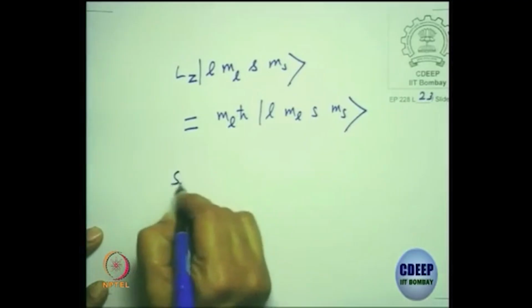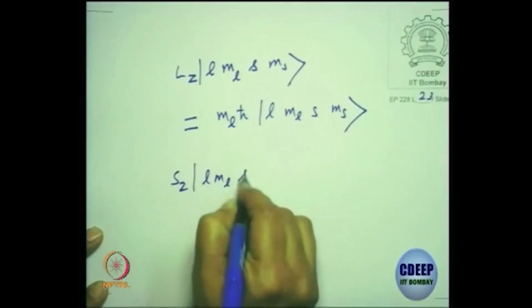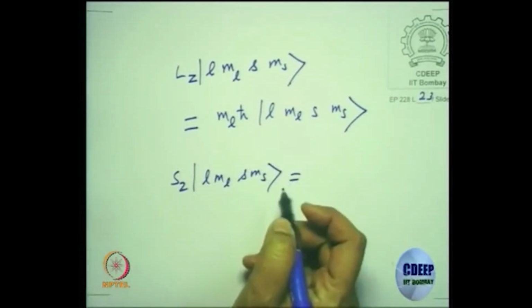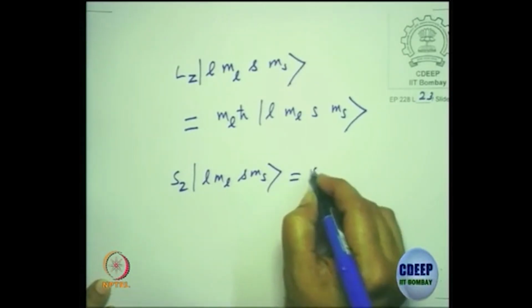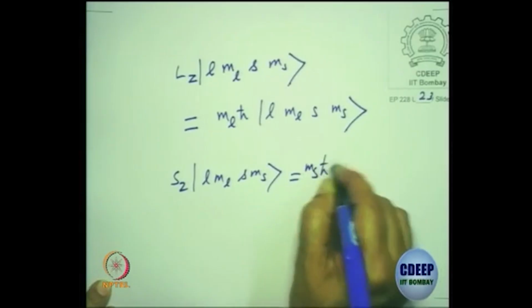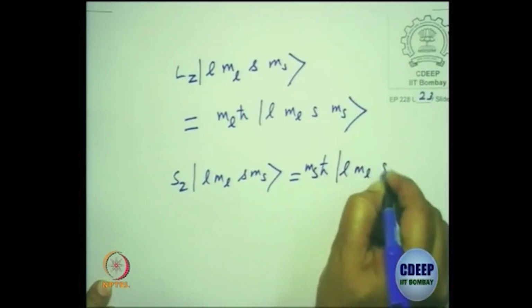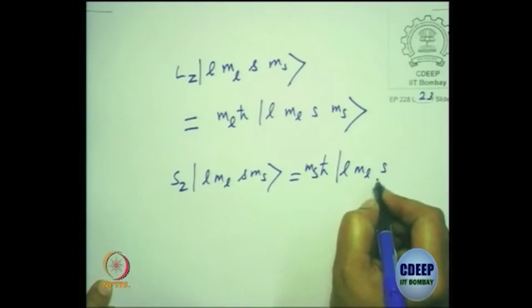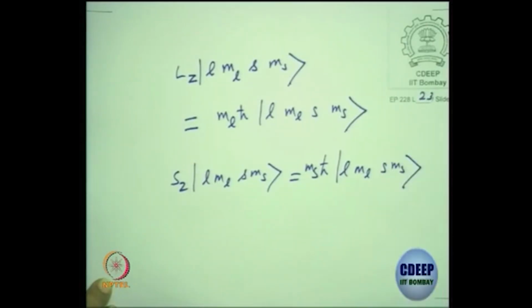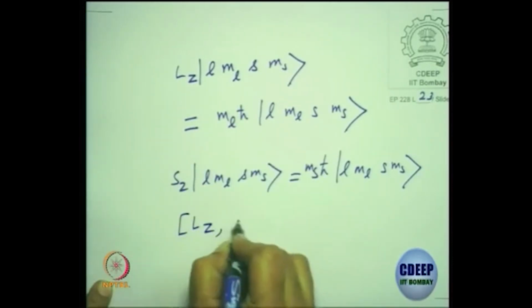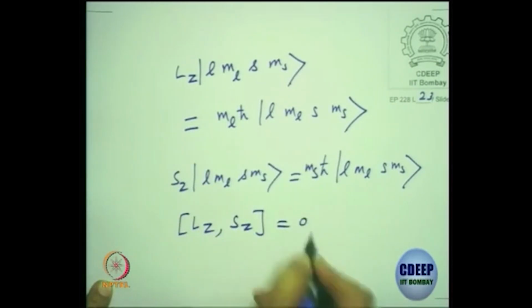If there is an Sz operator on this, it will give MS h cross times |L, ML, S, MS>, right? It doesn't touch the L. That is all I am trying to say.